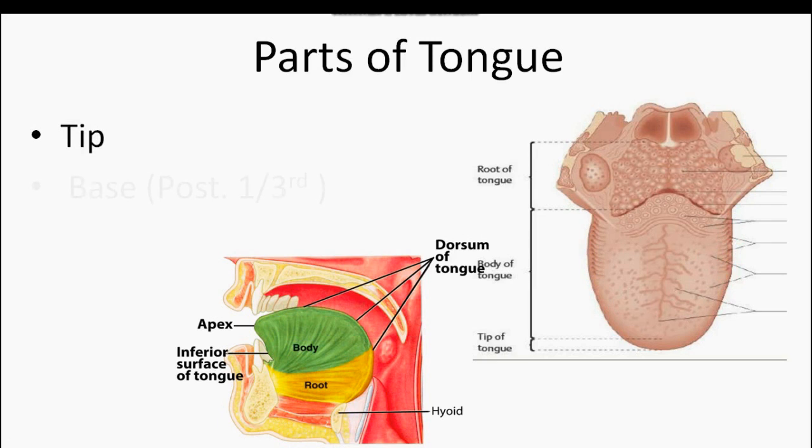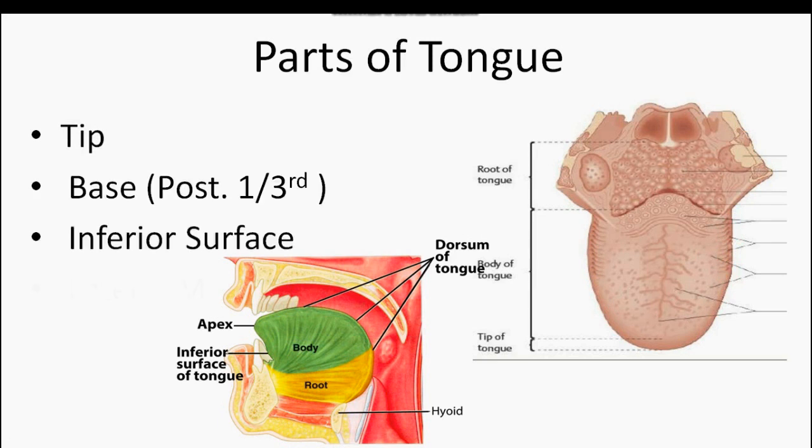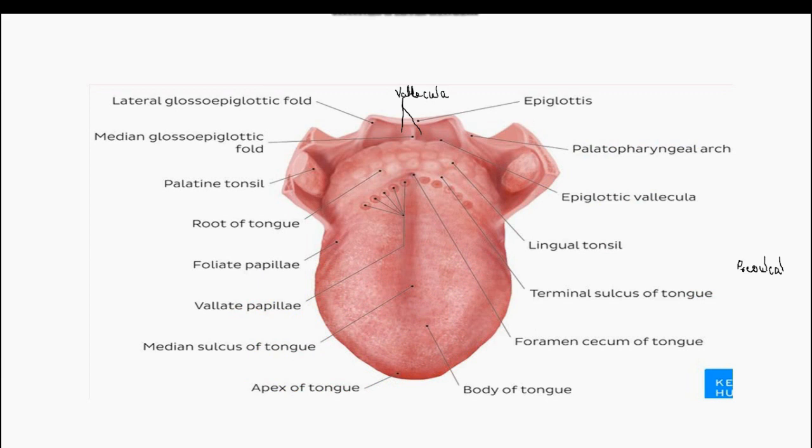Clear? So tip, base, inferior surface, lateral margin, root. Now we will see each part in detail.